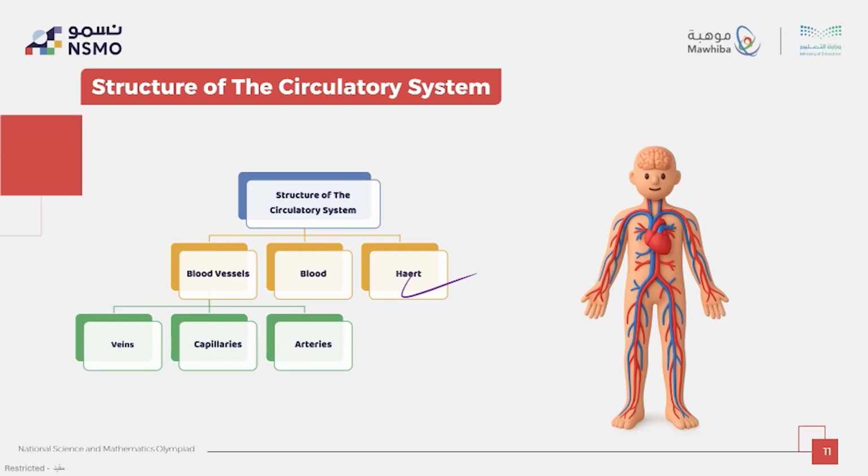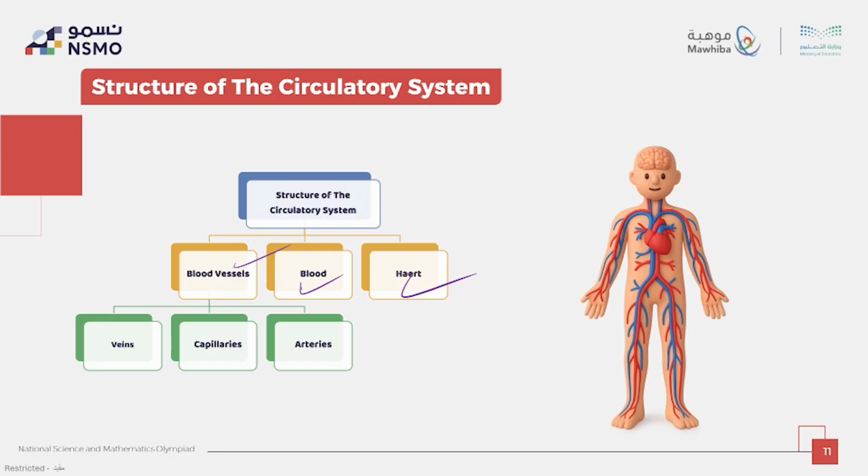Without the heart, blood would not move to deliver oxygen and nutrients. The second one is blood. Blood is a fluid that carries oxygen, nutrients, and waste products, and it delivers what cells need and removes what they don't need. The last one is blood vessels.